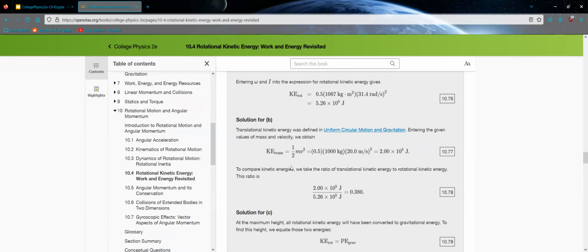So 1/2 mv squared is given directly by the helicopter. The helicopter has some mass, it's moving at some velocity, so we have some translational energy. Comparing these ratios, we get 0.38, or 38%, of the energy created by the blades is going towards that motion.